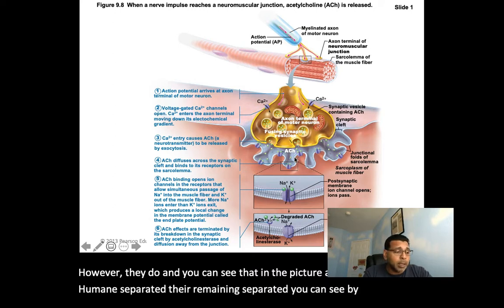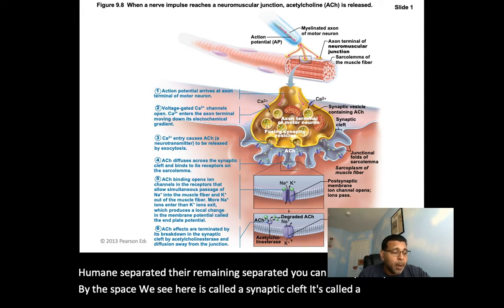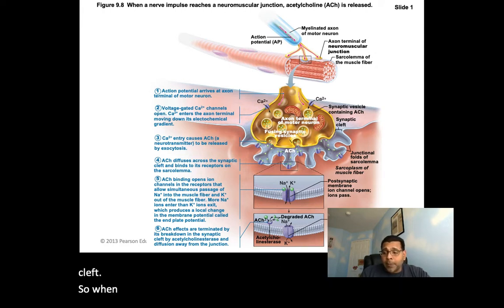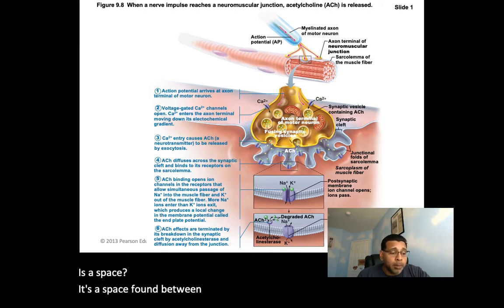They remain separated, as you can see, by this space. This space we see here is called a synaptic cleft. The synaptic cleft is a space found between the axon terminal and the muscle fiber.